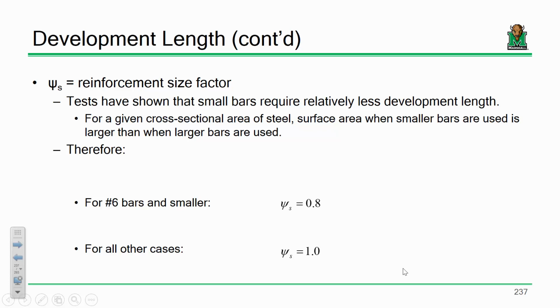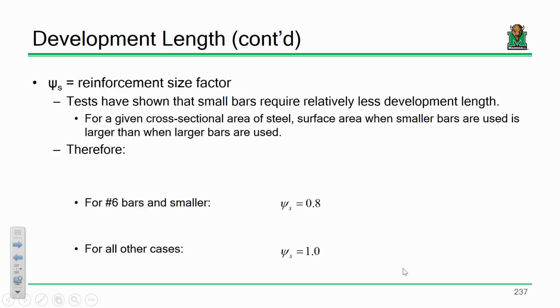So let me ask you a question. For a given reinforcement requirement, you could probably use a few really big bars or a whole lot of really tiny bars. Like you could use 20 number 3s or 1 number 14. You could do either one, right? And theoretically, they could have about the same area, all right?